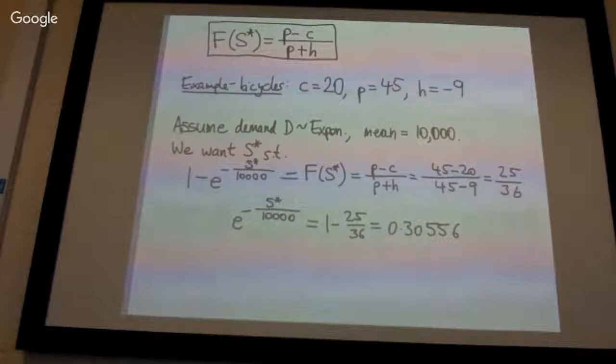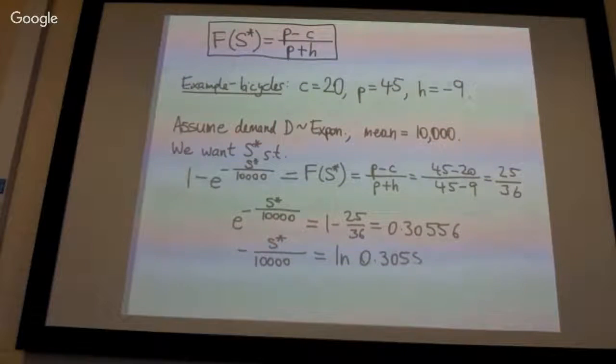And this huge thing, minus S star divided by 10,000, is the logarithm of this, which is that apparently.